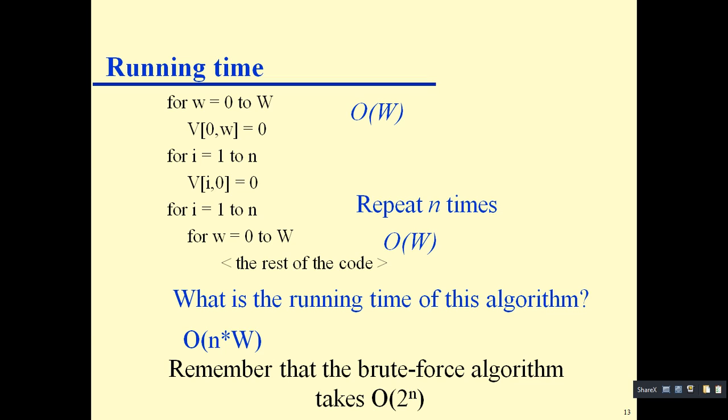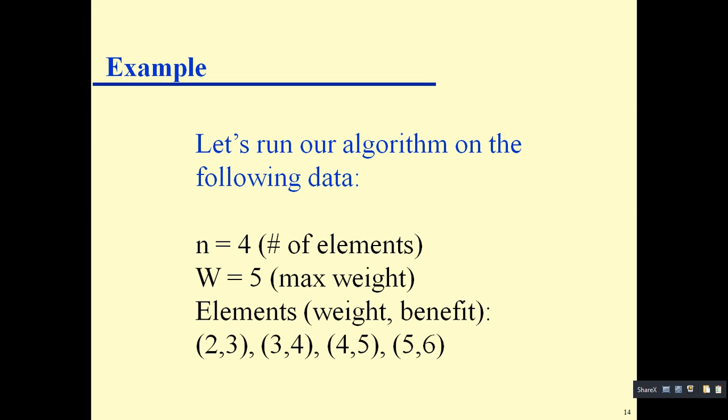So now let us go for an example based upon this 0-1 knapsack problem. Let's say the number of items in the store is 4, and the capacity of the knapsack is 5.